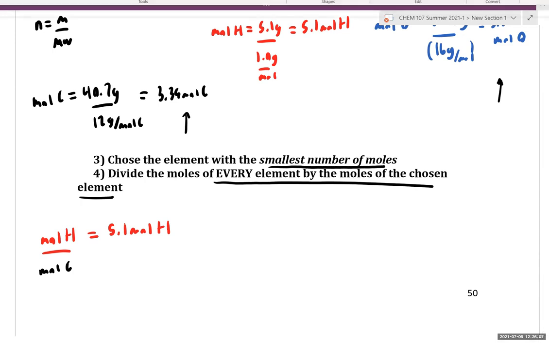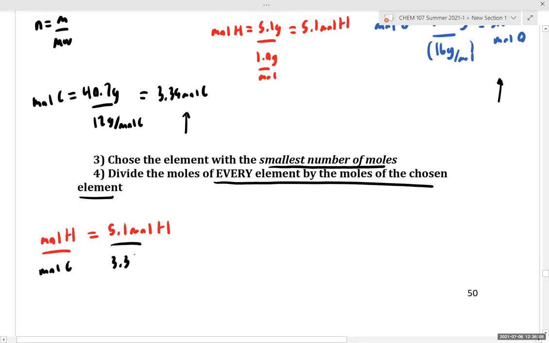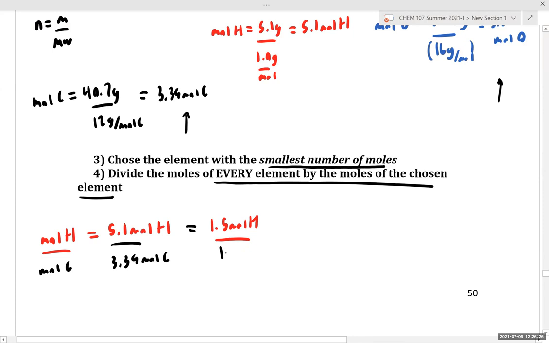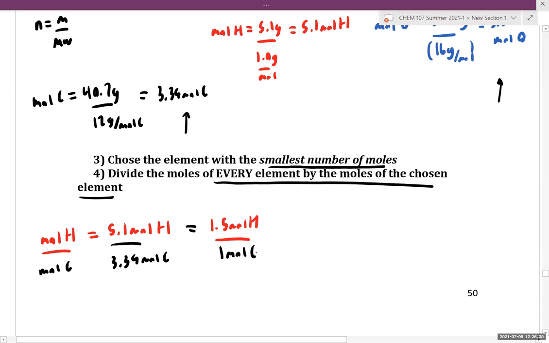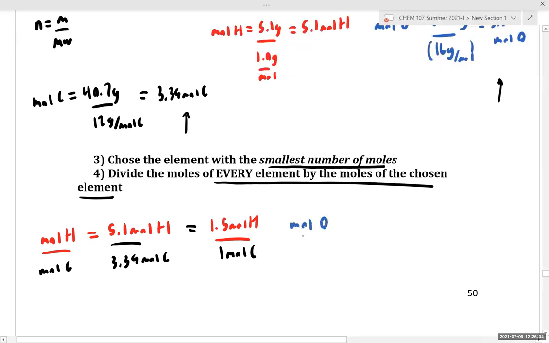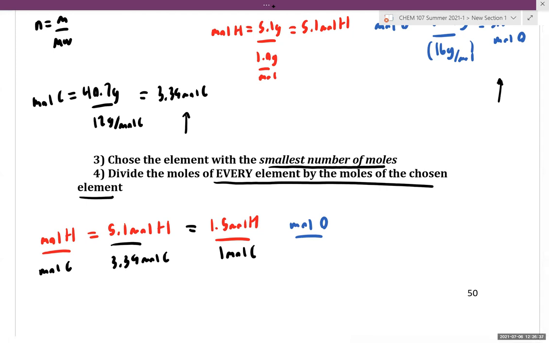For the moles of carbon, we established we had 3.39 moles of carbon. That in turn gives us a ratio of 1.5 moles of hydrogen per every 1 mole of carbon. Would anyone like to share the ratio for the moles of oxygen per mole of carbon?